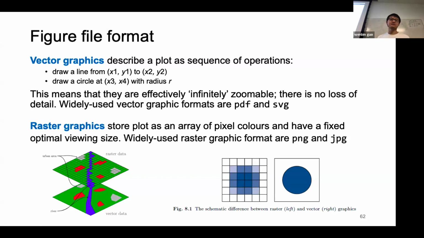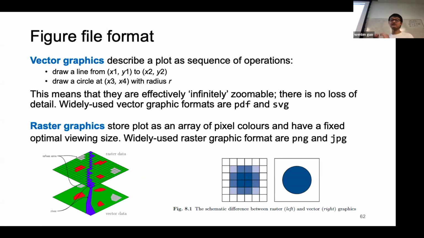Another reason is that maybe you have a lot of components in your figure, for example, a scatter plot with millions of dots. Then vectorized graphics will take a long time to generate, and the file size may be several hundred megabytes.